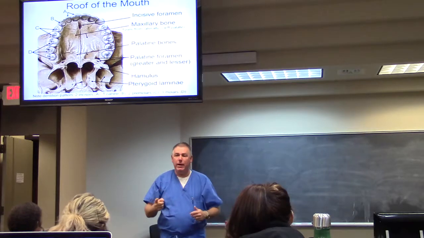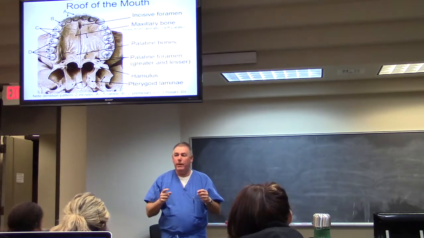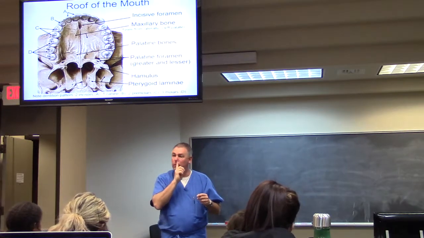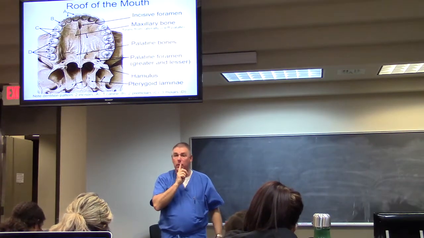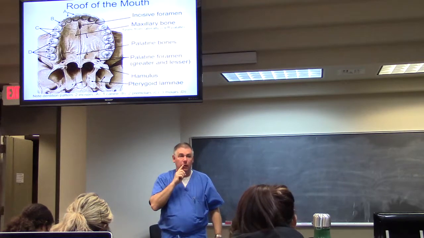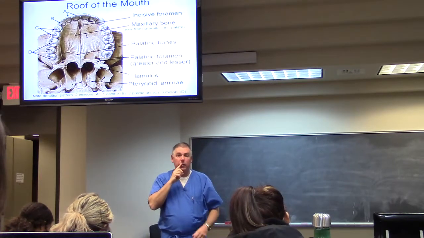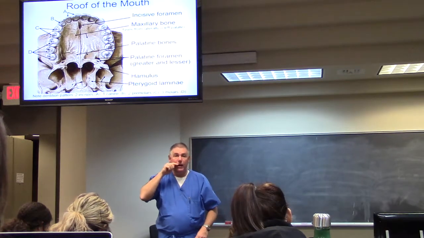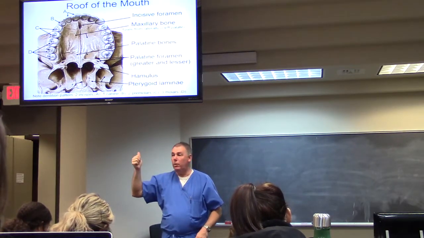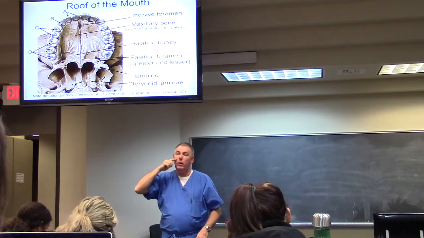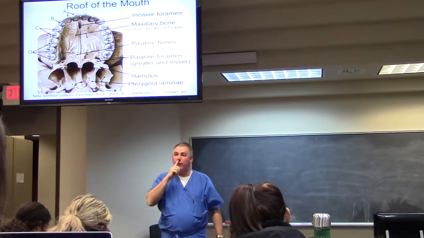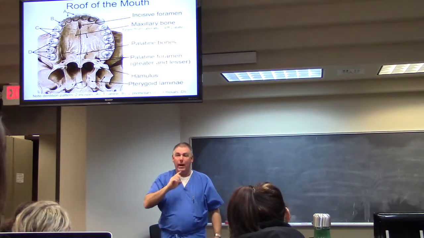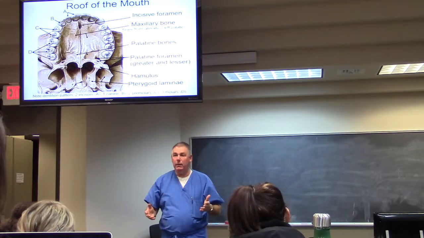So in cleft lip, the non-union is along one of those, or even both of those lines. That non-union is the non-union of the maxillary bone, and it can extend into the oral cavity. So if you have a cleft lip, it can extend into a cleft palate.